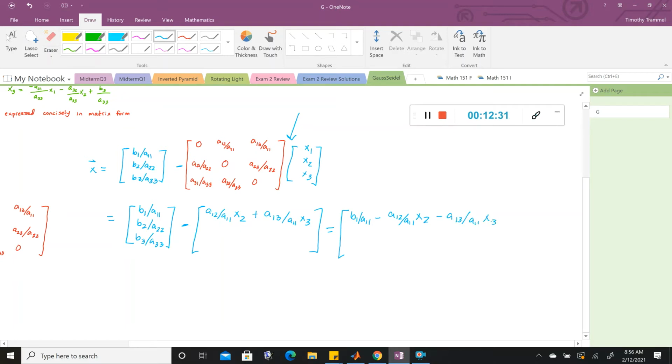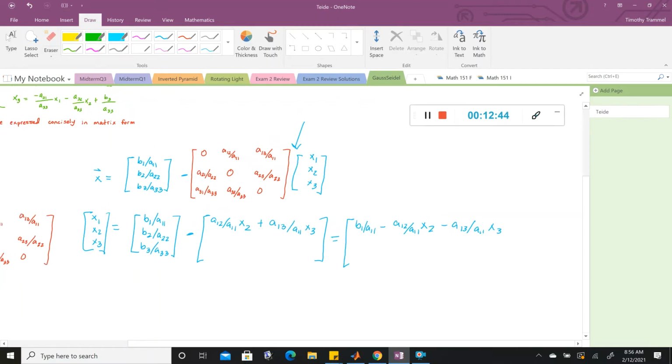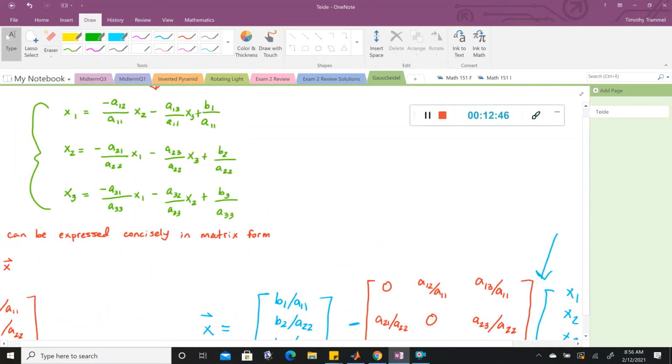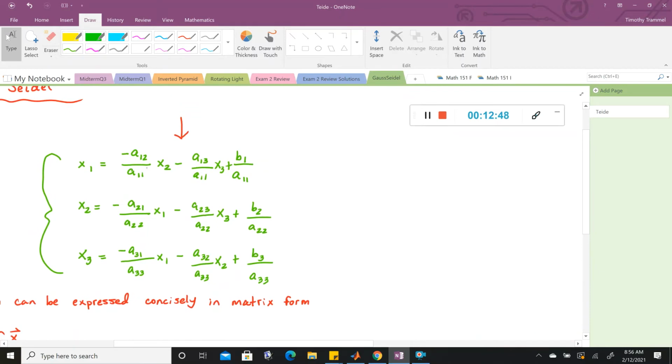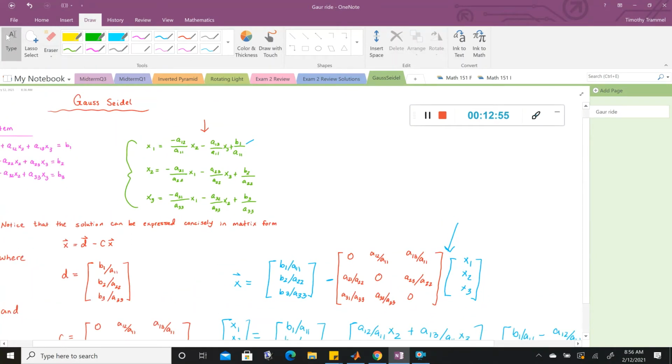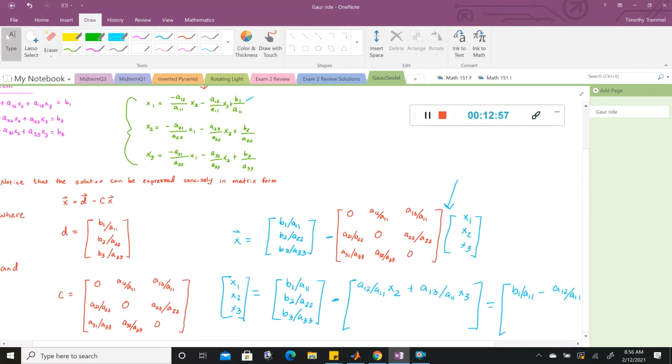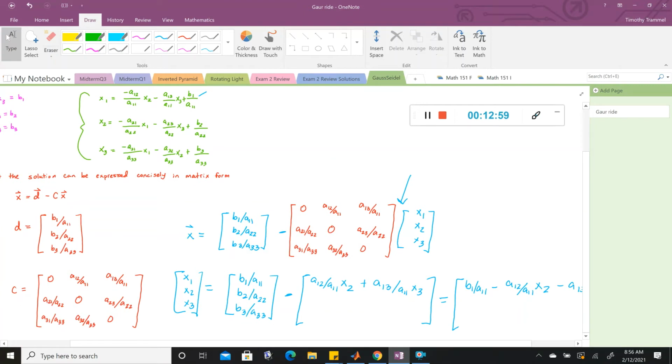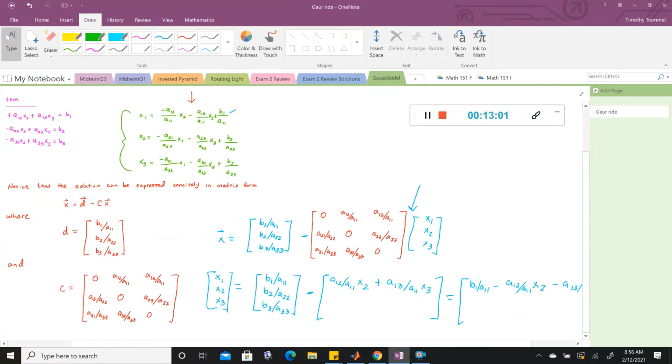Let's see if this matches the first line of what we have in green. Okay. And remember, over here where we have x, this top line would be x1. So x1 equals, okay. And notice again, we do have that B1 over A11. If we go down and look here. There we go. It's just we have it written at the end rather than at the start, which isn't a big deal.